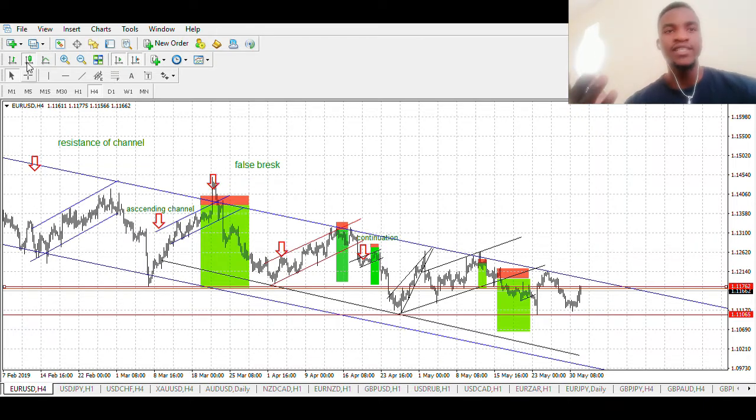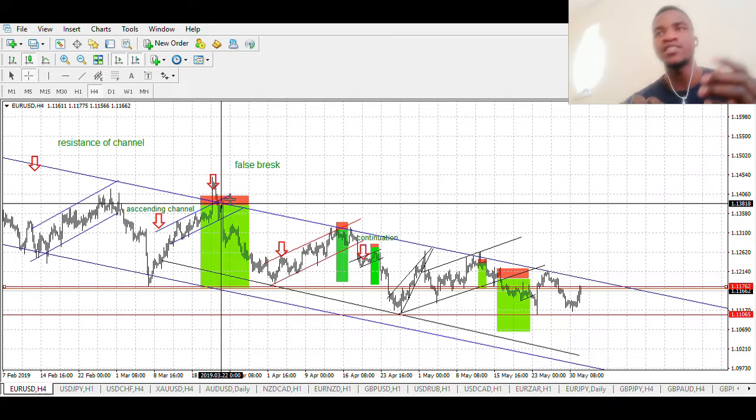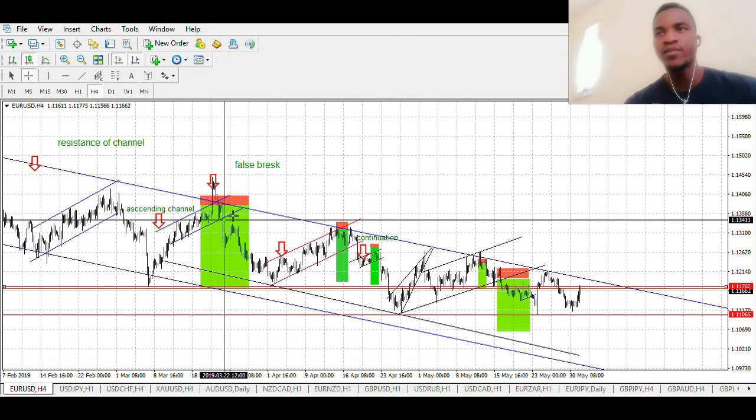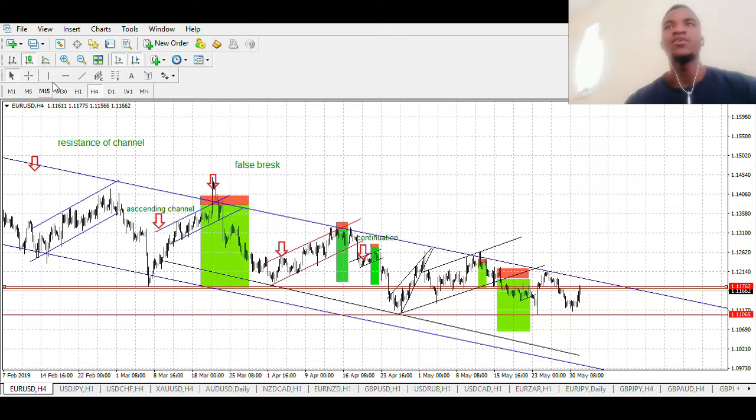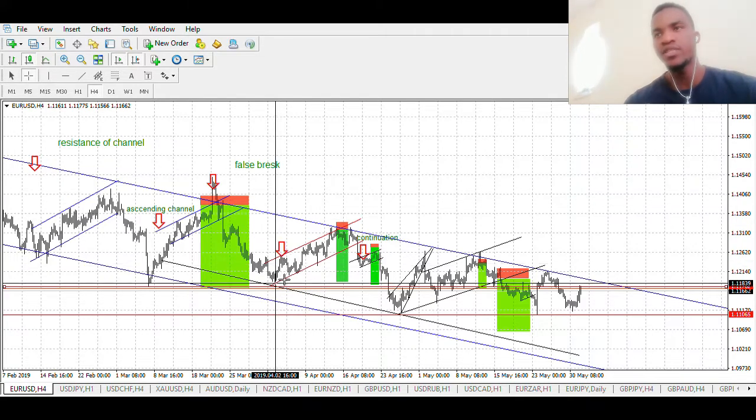It's a probability game, so you can't get it accurate, but try to get as close as you can. So from here, the lowest point to 1600, that's pretty much here. Of course you have some extra pips, but that's pretty much that. That's how we took our first trade. You can also measure the second trade: this was the lowest low, the highest high.